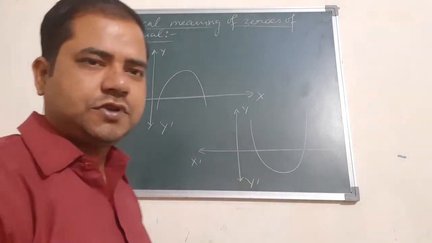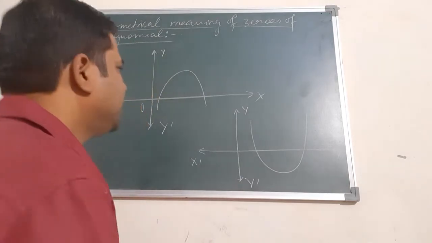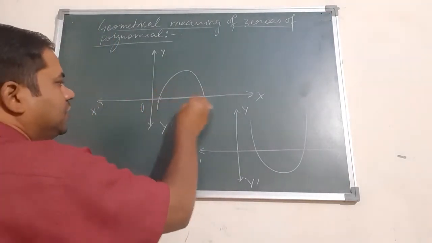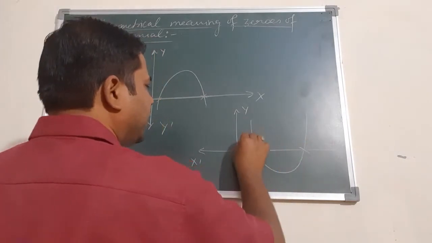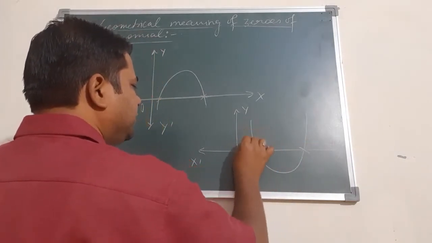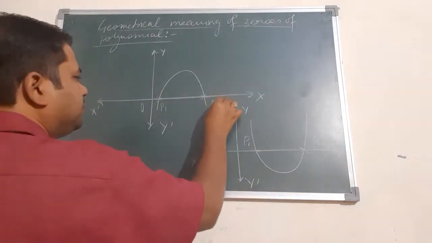Okay, so first you make the figure. Okay, see, in this situation the graph cuts the x-axis at 2 points, suppose p1, p2.